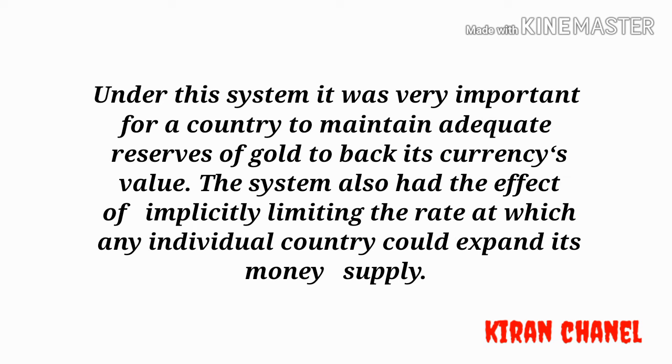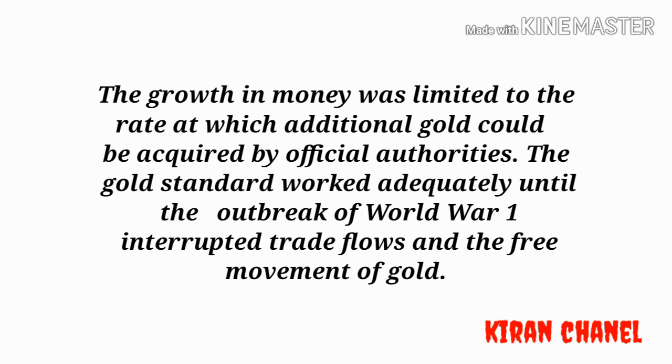Under this system, it was very important for a country to maintain an adequate reserve of gold to back its currency value. The system also had the effect of implicitly limiting the rate at which any individual country could expand its money supply. The growth in money was limited to the rate at which additional gold could be acquired by official authorities.